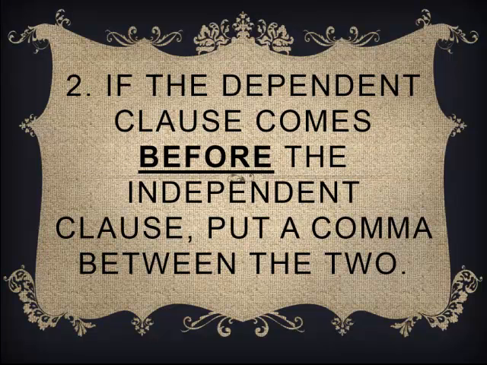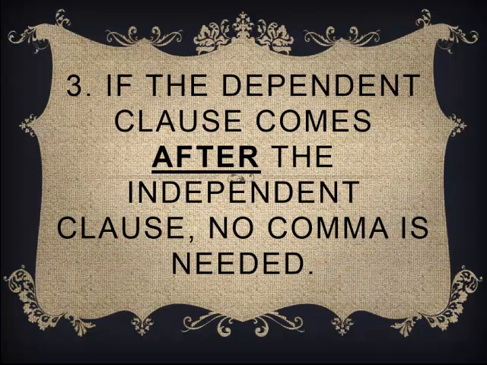Then you're going to see if the dependent clause comes before the independent clause. If so, you're going to put a comma between the two. Basically, if we're starting out the sentence, you need to put a comma before you get to that independent clause. And if the dependent clause comes after the independent clause, you don't use any commas. So if you start with that independent clause, no commas are needed at all.